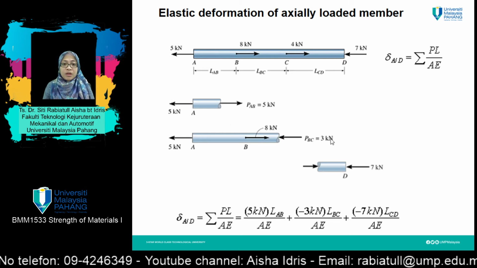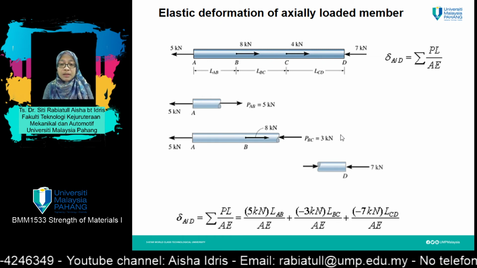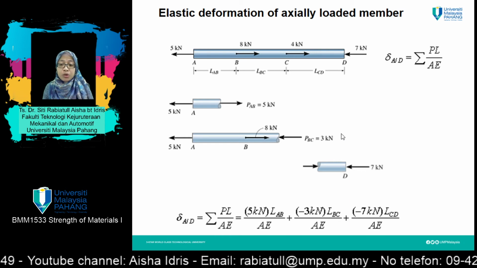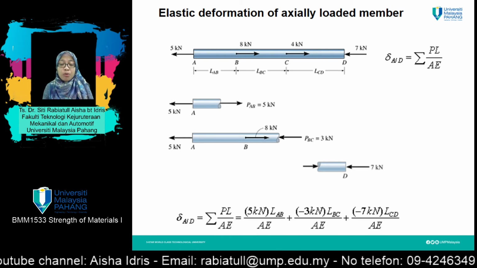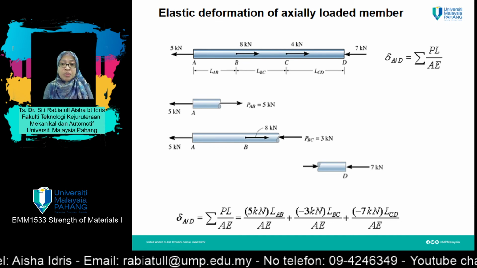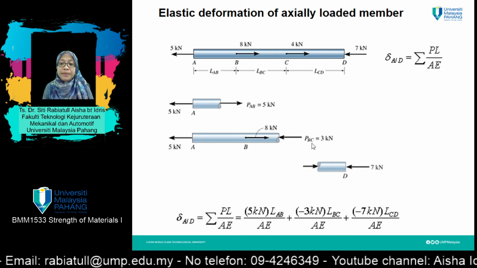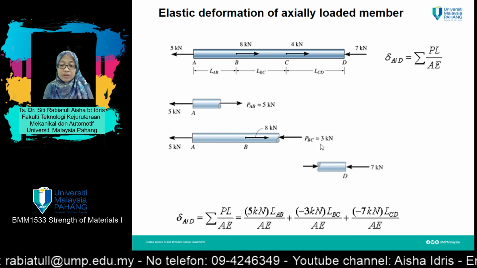From here, same steps: the total forces in the x direction equals 0. I would prefer to take the positive direction to the right. From there, you'll get the value of PBC, which is equal to 3 kilonewton.